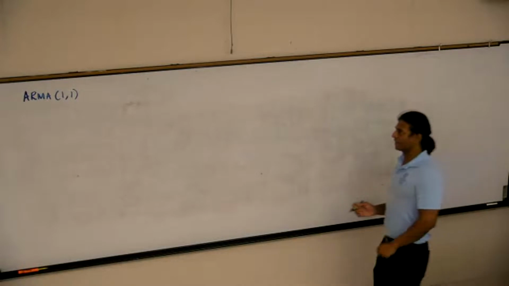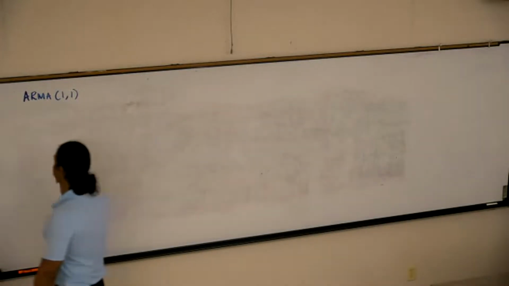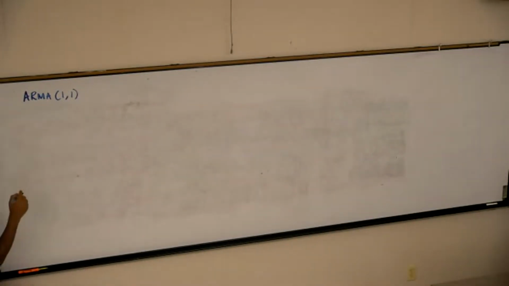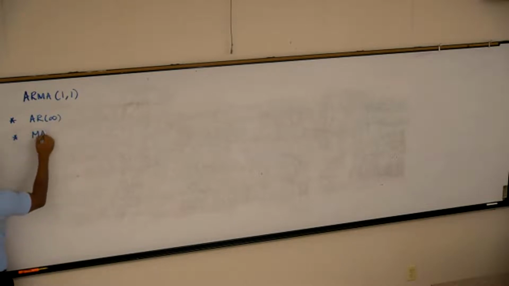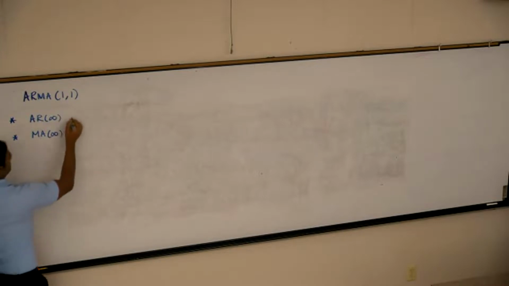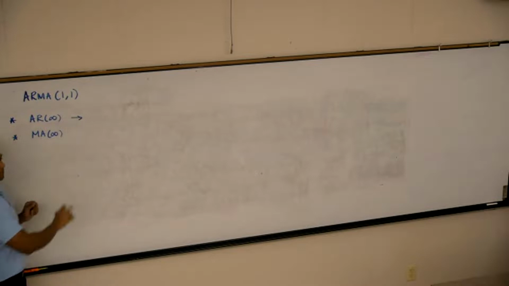So we are going to do an ARMA 1,1 example. Last time we converted ARMA 1,1 to AR infinity and MA infinity. That gave us, is it pi weights or psi weights?